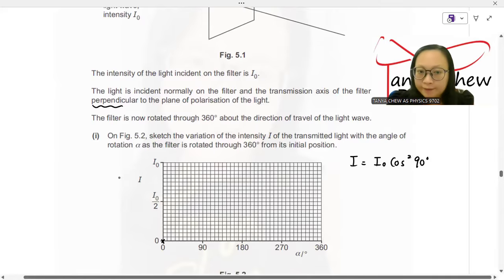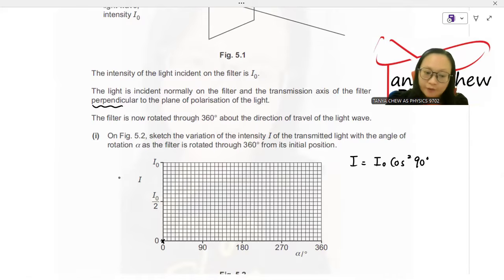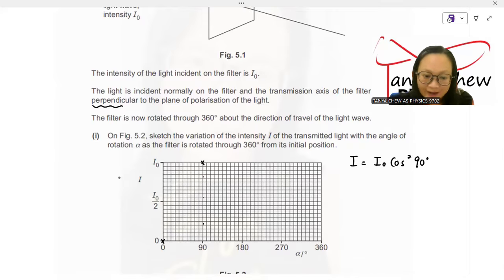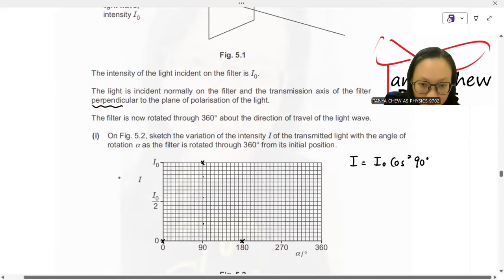Then rotate another 90 degrees. When you rotate another 90 degrees, the total rotation is already 90 plus 90, so you get cos square 180. Then cos 180, you add 90, becomes cos square 270, and you get 0.